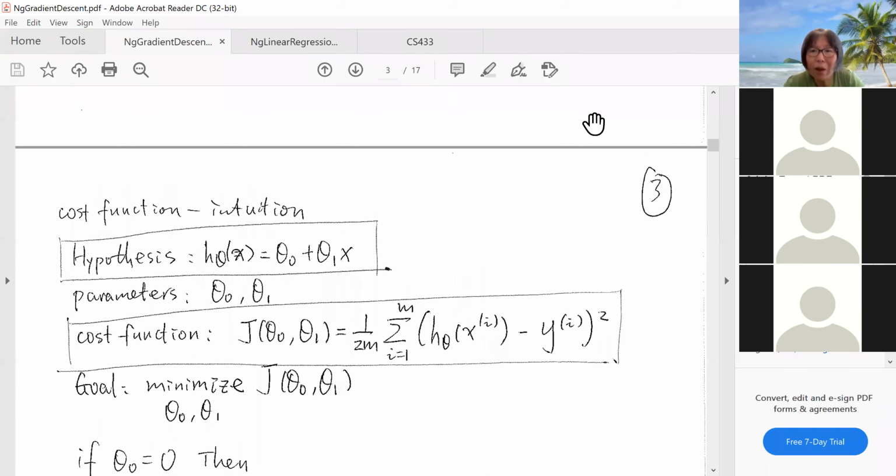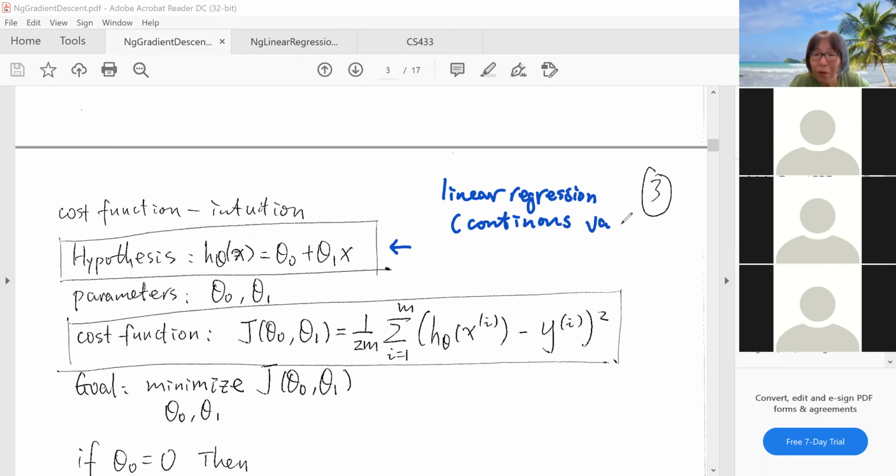So here, let's take a look more. What we already explained is we hold the hypothesis. Because it's linear regression, and be careful, linear regression is not regarding classification, okay? This is regarding continuous target value.